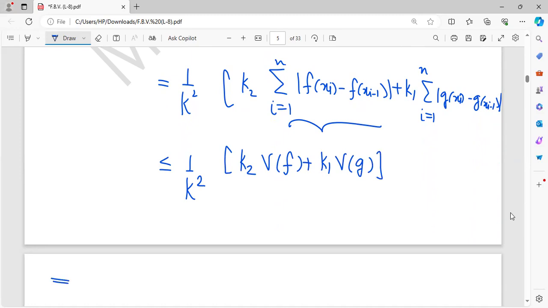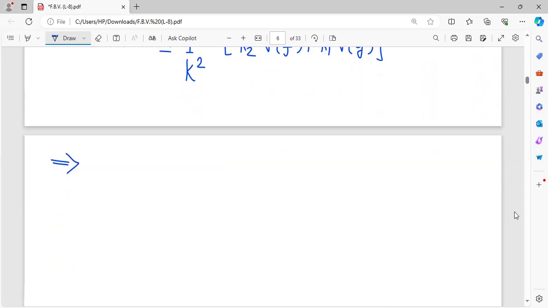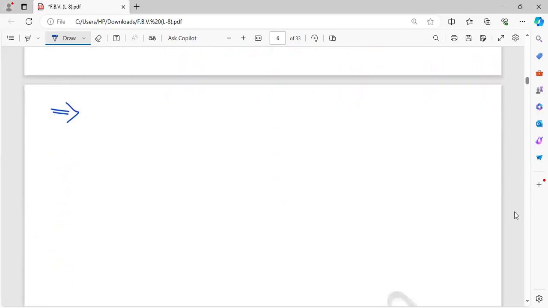So this implies S_P is less than 1 upon k square, K2 V_f plus K1 V_g.